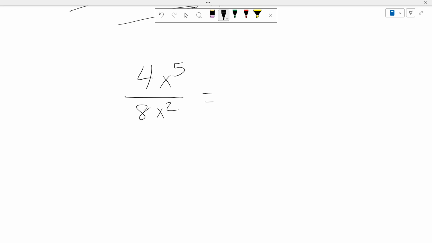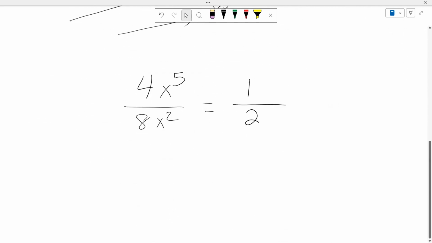Where does that break down to? 1 over 2. Now, we have x's here and here. We treat them just like these x's up here. 5 and 2. Where's the higher power of x? Top or bottom? Top. So x is on the top. What is 5 minus 2? 3.